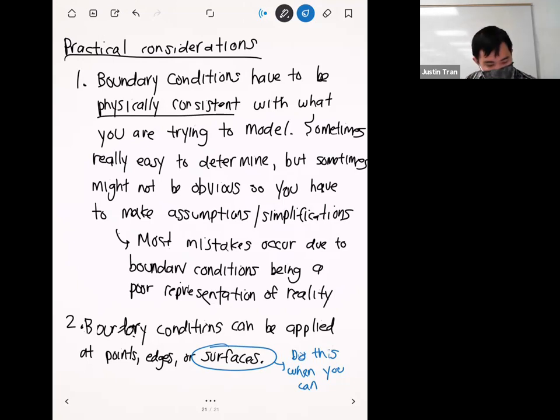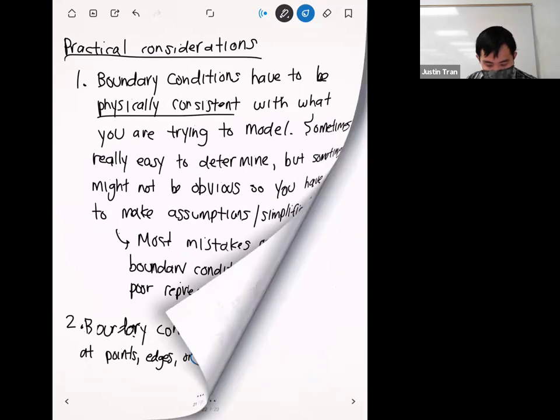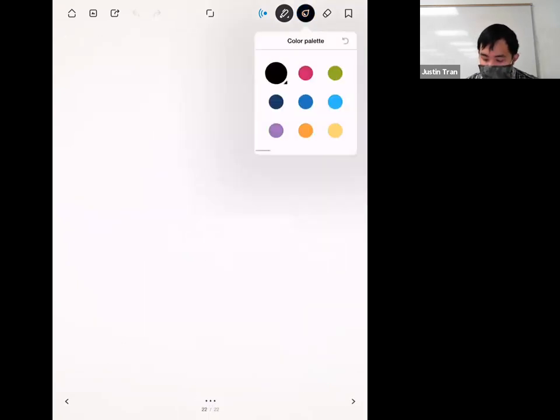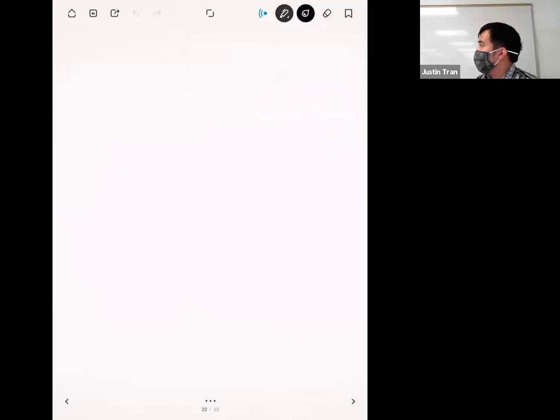Okay, all right. And so one note that I'll make is that even though we've been discussing how important boundary conditions are, you don't actually need to apply a boundary condition on every single surface. Okay?